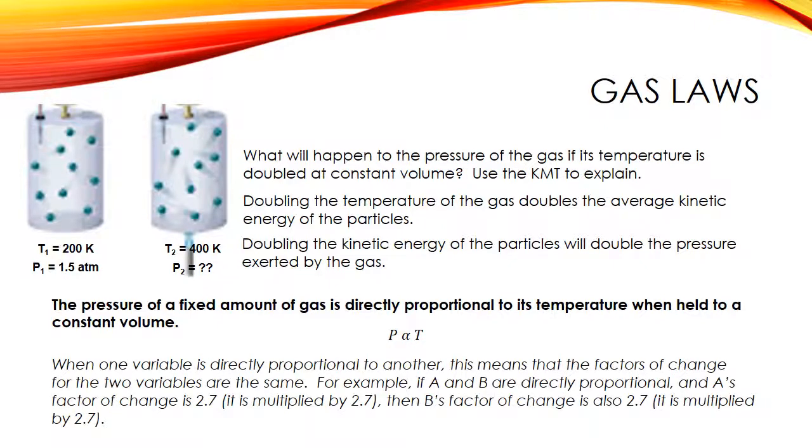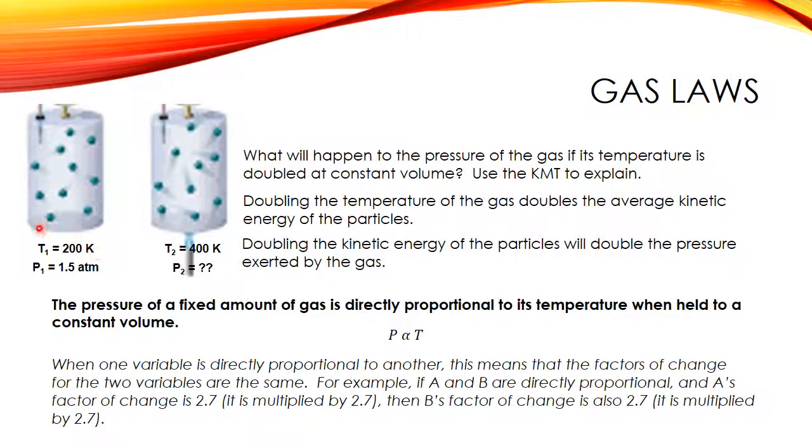Now what directly proportional means, should be fairly straightforward, is that the factors of change are the same. So in other words, if A and B are directly proportional, and A's factor of change is 2.7, so say I multiply A by 2.7, then B's factor of change will also be 2.7. In other words, it's also multiplied by 2.7. So here our factor of change is 2.